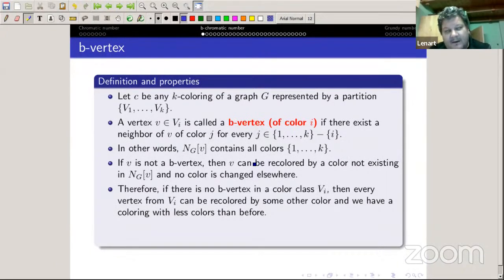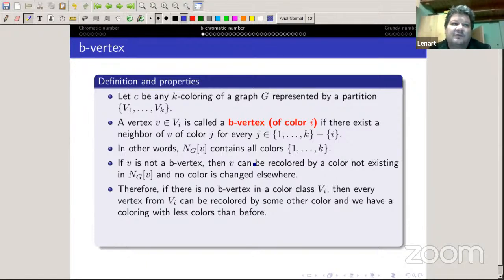So what is the idea of this reducing algorithm? If we have a color class Vi, we would like to recolor all the members of this color class.